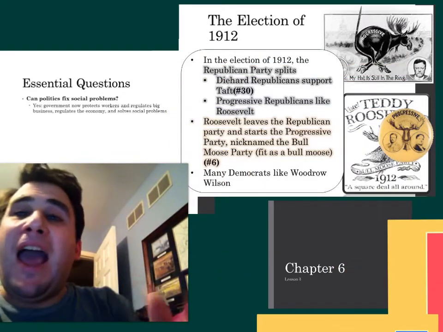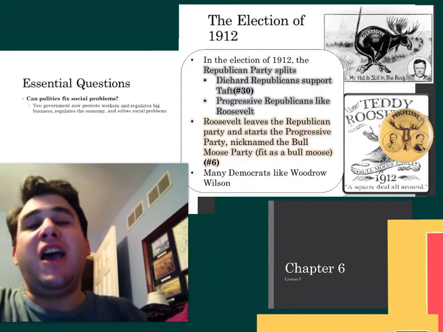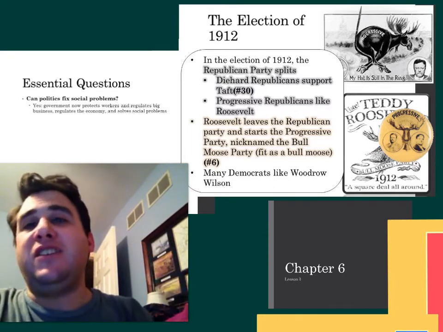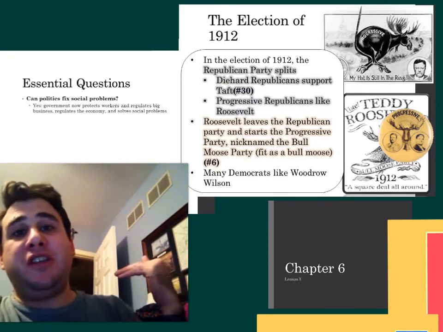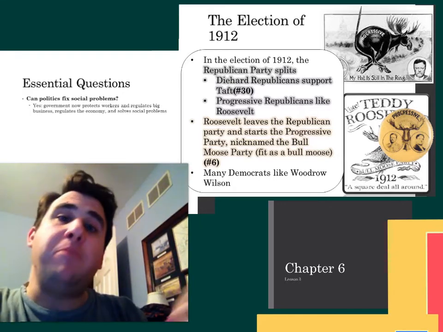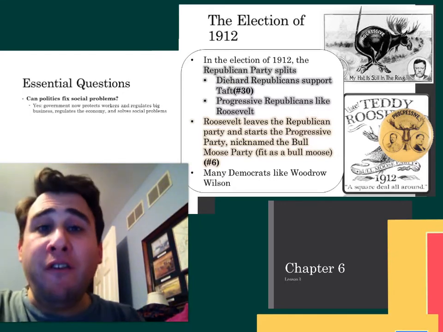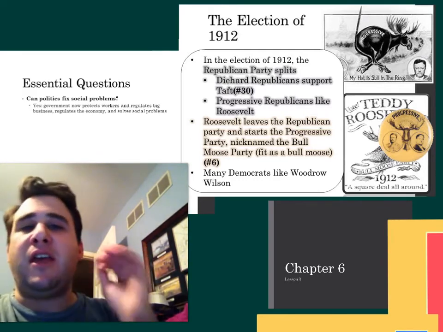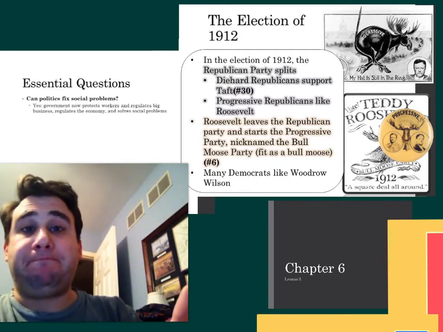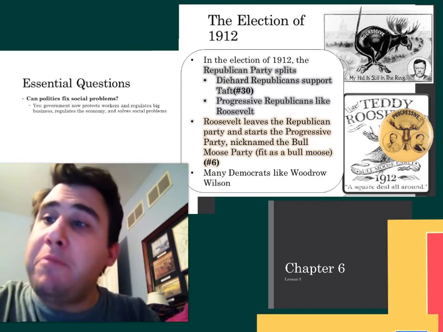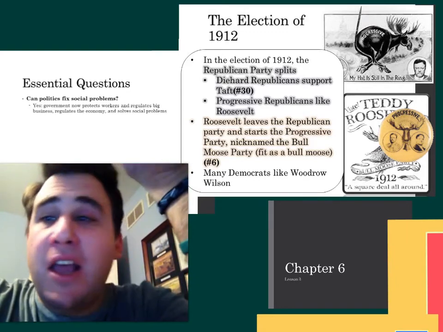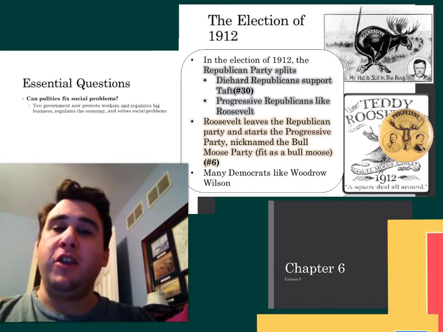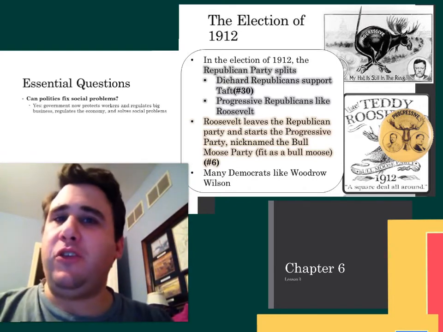And we're going to add a third political party here because, as we mentioned in yesterday's lesson, the election of 1912 comes in, and we're going to see the end of William Howard Taft's time in office, because remember, he took power in like 1908. So what you're going to see here then is Teddy Roosevelt wanting to get back in the ring because he really thought that Taft was going to break that system of cooperation and regulation that he'd worked so hard to put into place by busting up too many of those trusts.